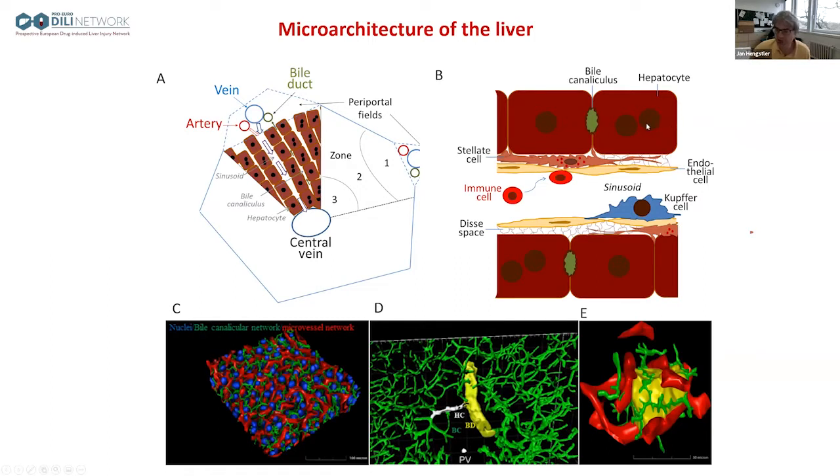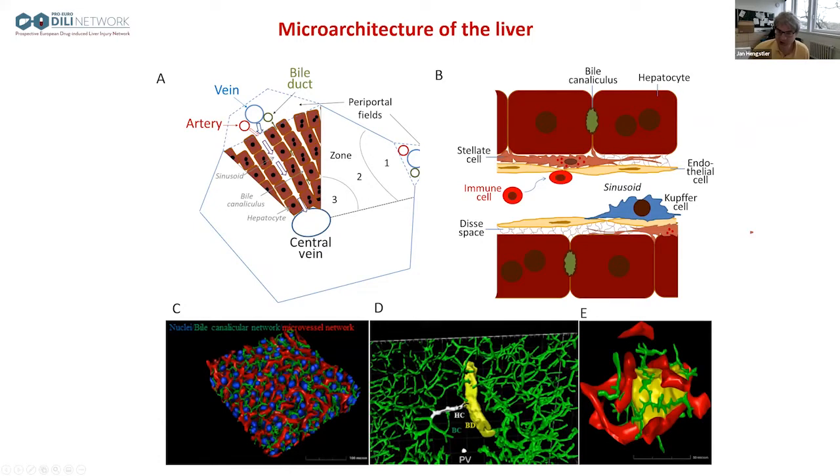These sheets of hepatocytes with the bile canaliculi are formed by the membrane of the hepatocyte, so the apical part of the hepatocyte membrane. Here are the endothelial cells which line the sinusoids. They have pores, not shown here, so that the blood is always in contact with the hepatocytes.